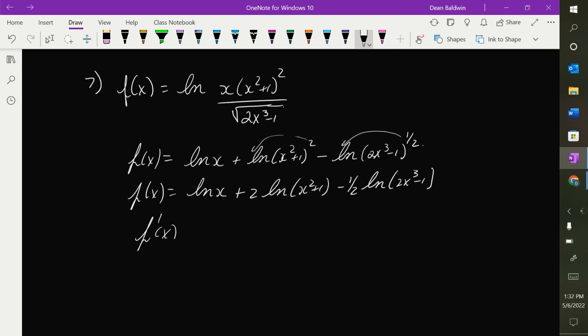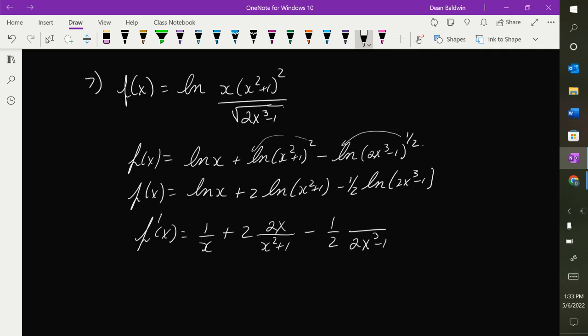So then f prime of x, you just do each one separately. The first one, natural log of x, is just 1 over x. The second one, 2 is a constant. X squared plus 1 goes in the denominator. The top is the derivative of that, which is 2x. Minus 1/2. In the denominator goes 2x cubed minus 1.